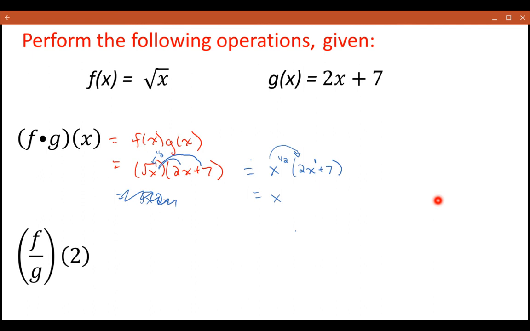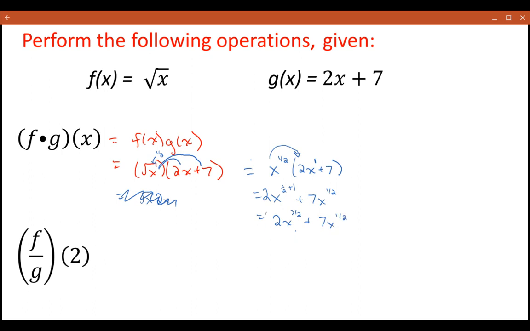So this becomes 2x, and then, because we have 2 in front, the 1/2 plus 1 power, plus 7x to the 1/2. Now we obviously want to simplify that. 1/2 plus 1 would be 1/2 plus 2/2, so there'd be 3/2. So 2x to the 3/2 power plus 7x to the 1/2 power.